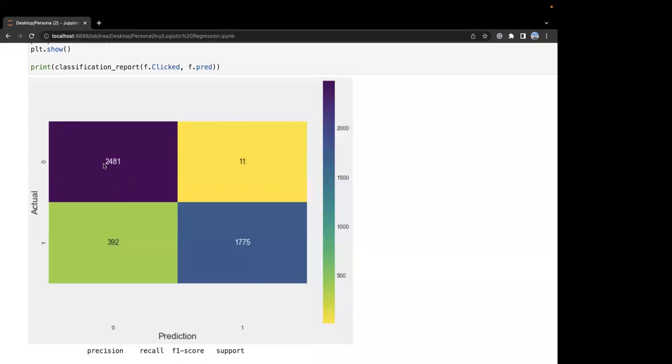Now, we don't have a problem with these two increasing, but we do have a problem with this increasing. So there is always a trade-off: when you try to reduce false positive, your false negative will increase. And vice versa, when you try to reduce false negative, your false positive will increase.